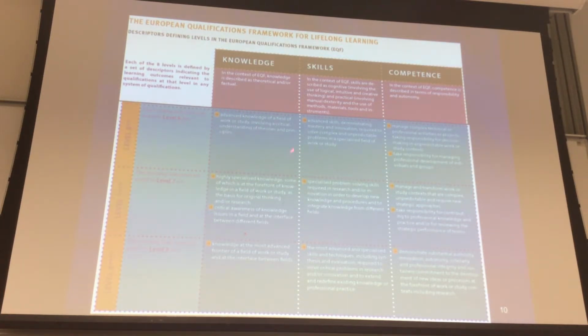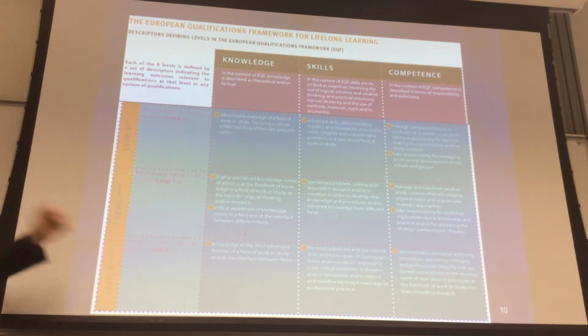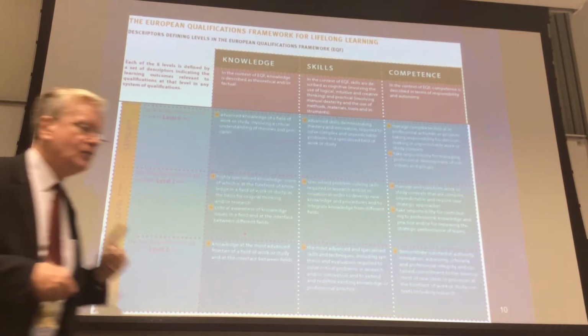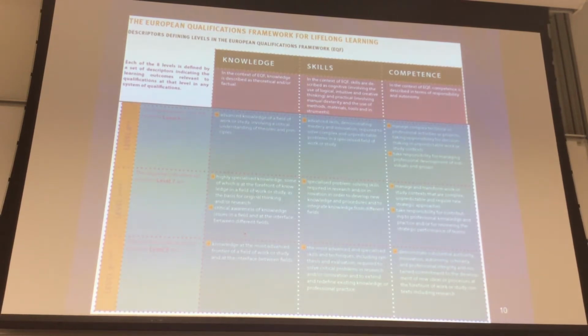And these are what are called generic descriptors on which the learning outcomes at each level can be based. So this would be bachelor, master's, PhD. How do they divide up the various generic skills? They divide up into knowledge, skills, and competence.